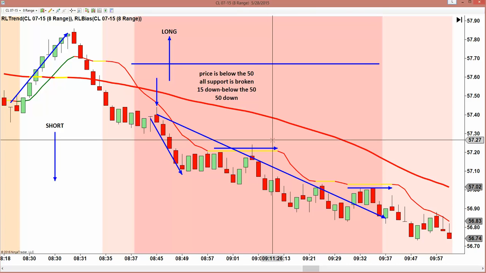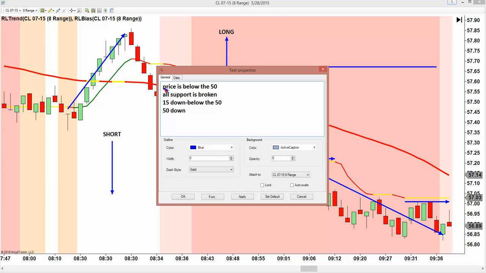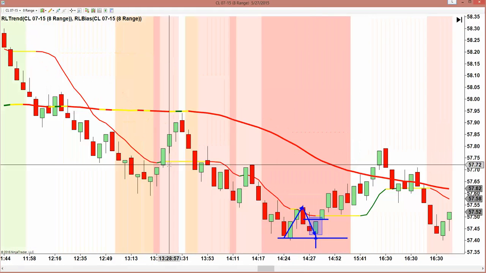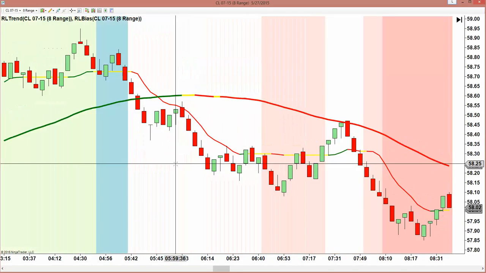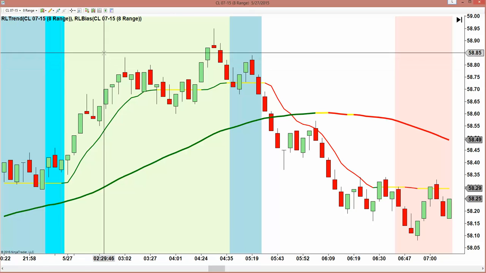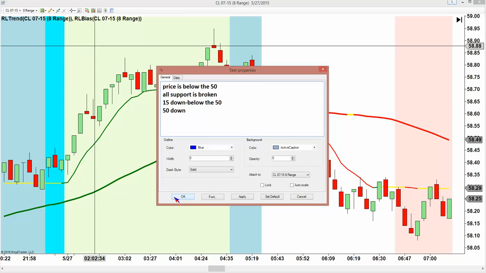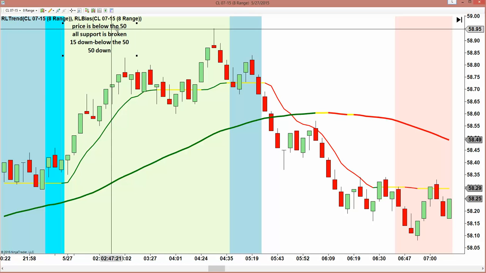Now, the same equivalent of this color to the long side is this color. The green. It's just everything is reversed. Price is above the 50.